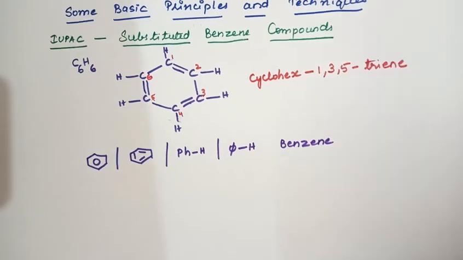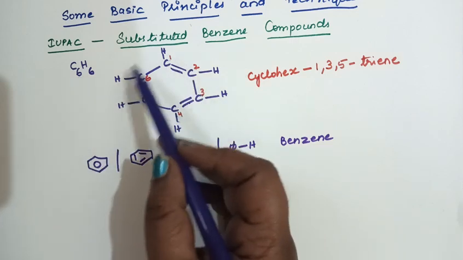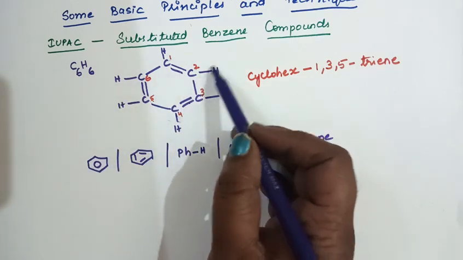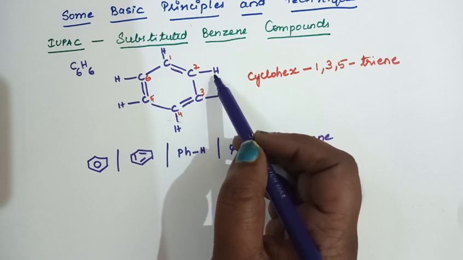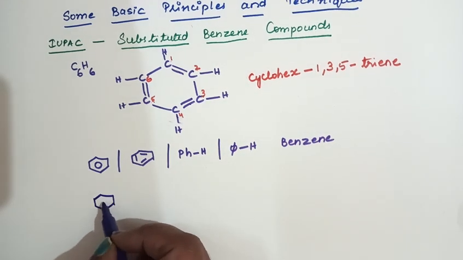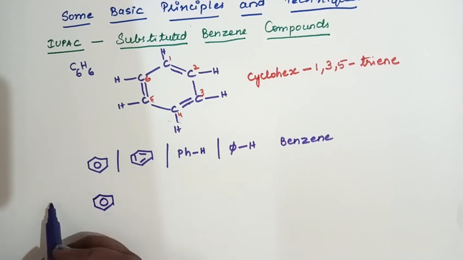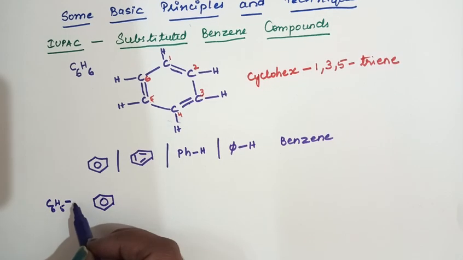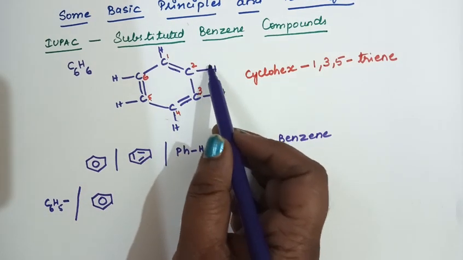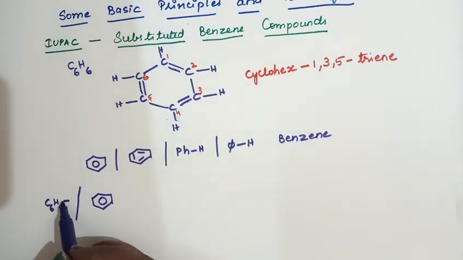So now students, how many hydrogen atoms are there? There are 6 hydrogen atoms. Suppose if I remove one hydrogen atom, it becomes C6H5. So here I'll write C6H5 bond. So this group is called as phenyl group. So that is only one H I have removed. So it becomes C6H5 bond.